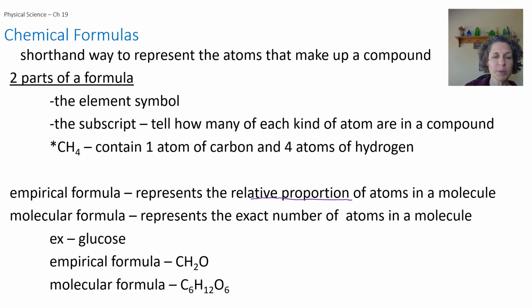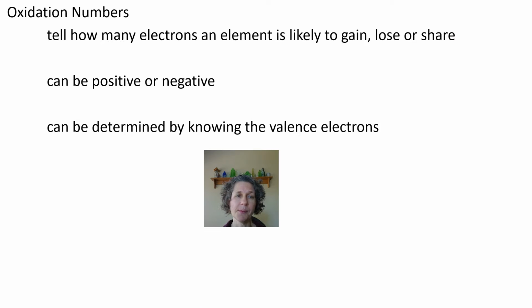The molecular formula, we'll start with that one, even though I'm out of order a little bit, is C6H12O6, and so that's the exact number. If we reduce all of those numbers, 6, 12, and 6 are all divisible by 6, then you would have CH2O. And so it's a big difference. We typically will deal with smaller numbers, but it is important to know the molecular formula because those are exact.